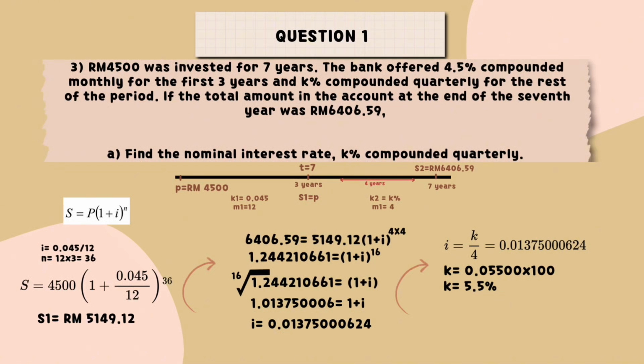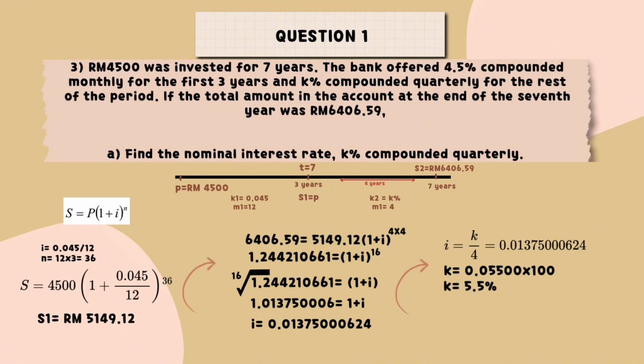Okay, we go to question A. Find the nominal interest rate K% compound quarterly. Okay, we know K% compound quarterly is for 4 years. In this question, we use formula S equal P 1 plus I power N. But in the 4 years, we don't have P. How to get P?